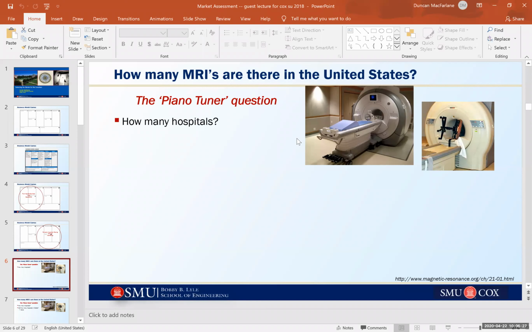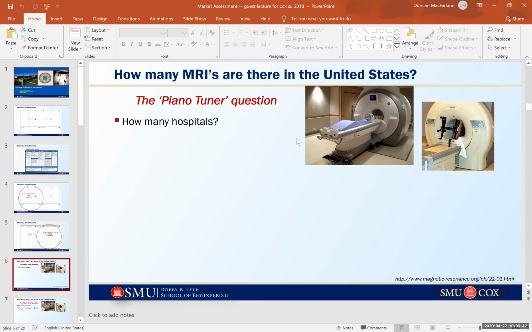If you know that, then you might be able to multiply by 2 or 3 or 4 to get the global picture. But if you're starting a company in the United States, then maybe the United States is the first market to think about.